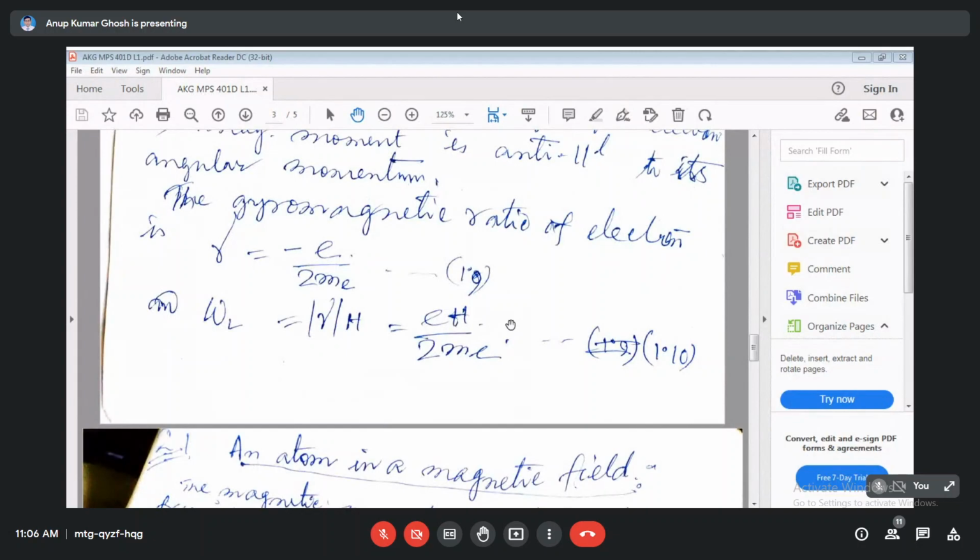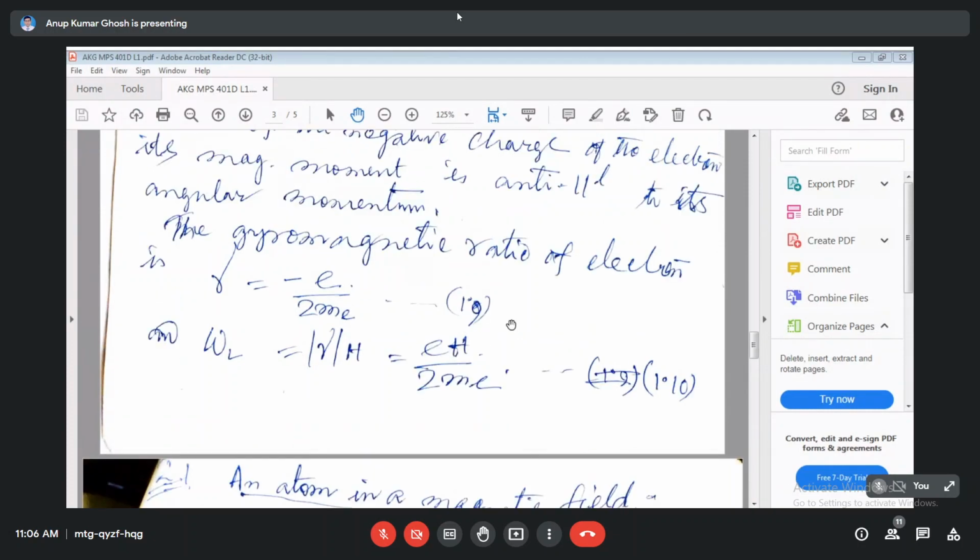And the gyromagnetic ratio of the electron is defined as gamma equal to minus e divided by 2 me. So omega L equal to gamma into H, that means eH divided by 2 me.